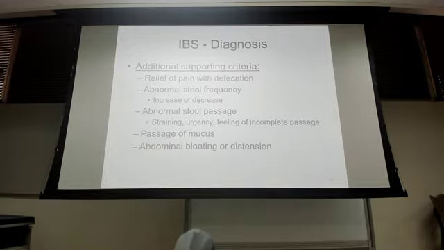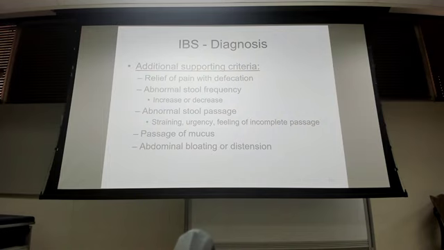Additional supporting, not one of the primary criteria, but we get asked about the relief of pain, as I mentioned, abnormal stool frequency, increase or decrease, abnormal stool passage, straining versus urgency, so one associated with constipation, one associated with diarrhea. I had that feeling of incomplete passage.